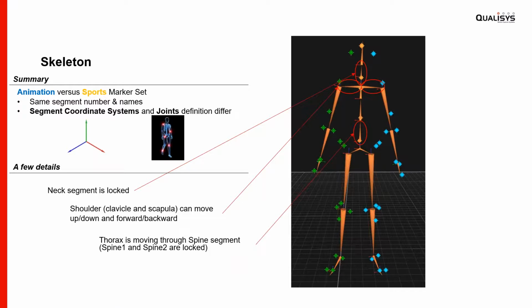All the thorax is moving through the spine segment, which is the first segment of the whole trunk, and the other ones, spine 1 and spine 2, are locked. The same thing happens for the forefoot, which we call toe base in our case. The forefoot is also locked because we don't have any markers on that part.